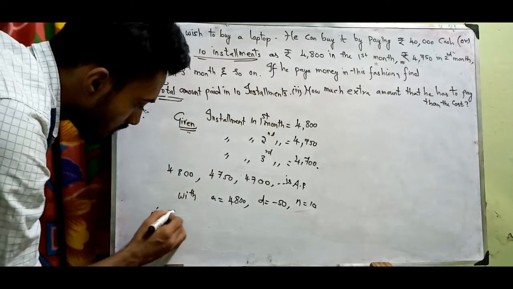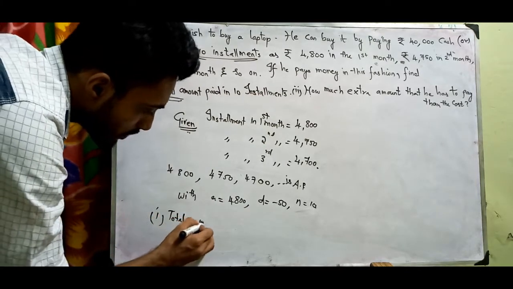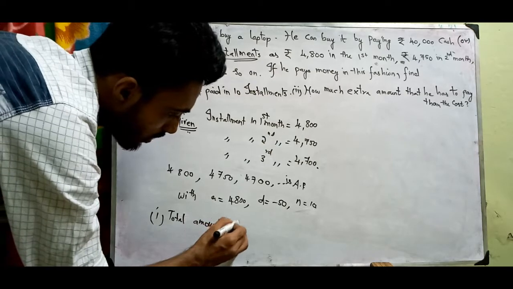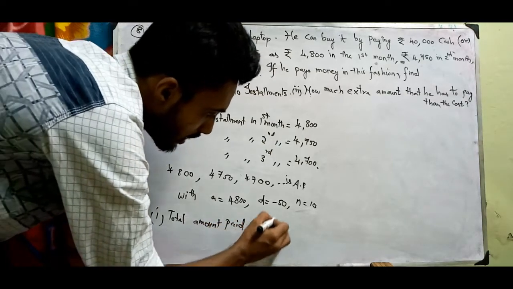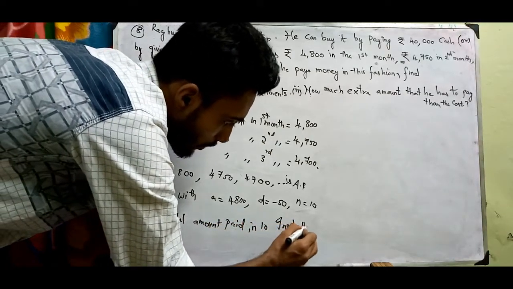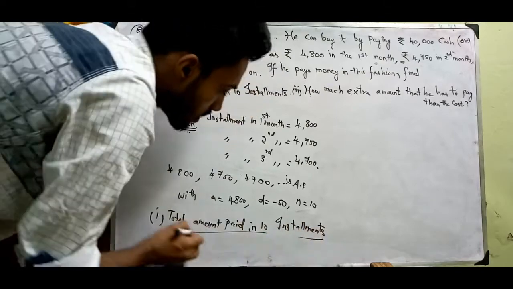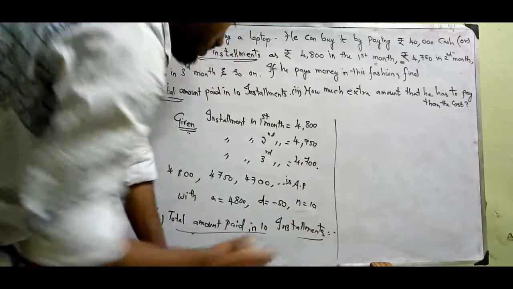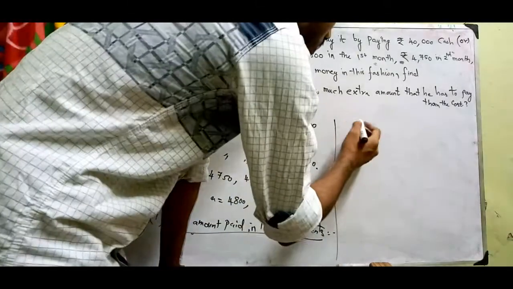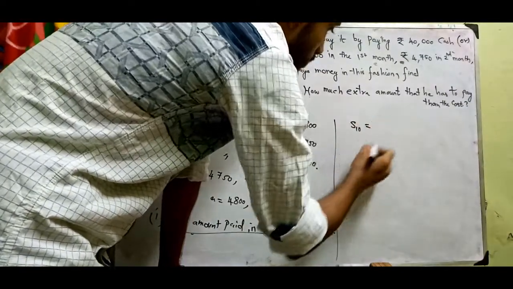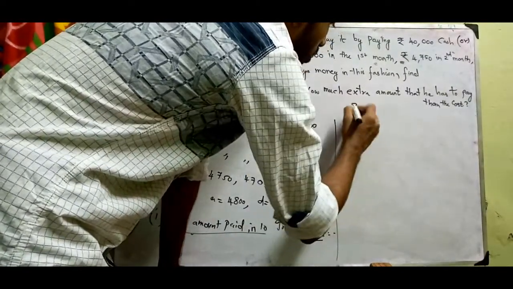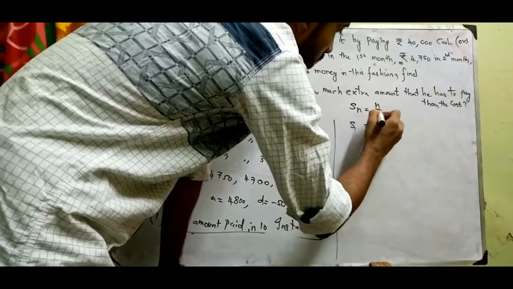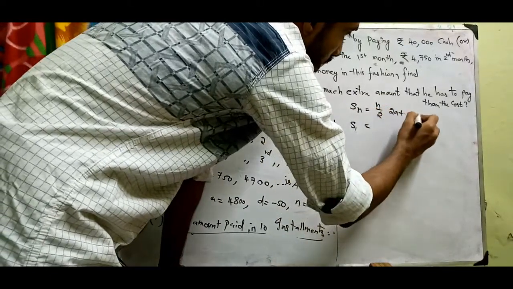Then we need to find the total amount paid in 10 installments. So here we go, S10 we have to find. You know the formula: Sn is n by 2 times (2a plus (n minus 1)d).